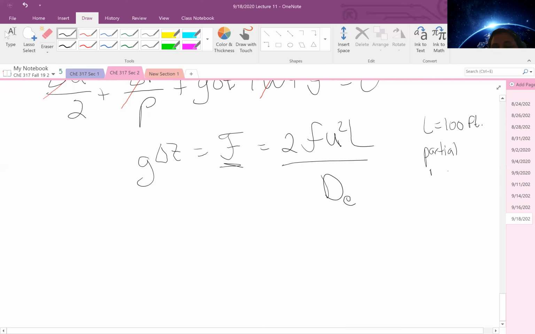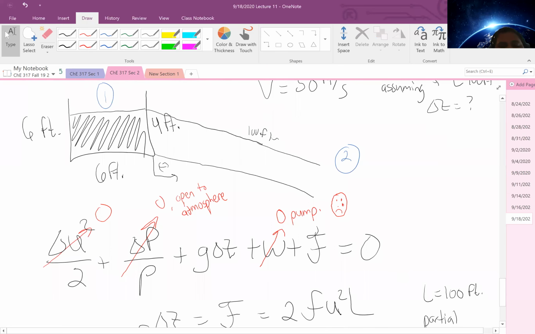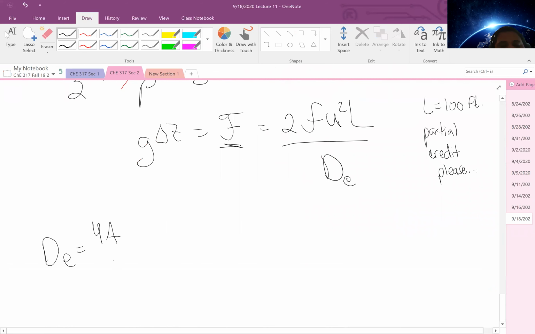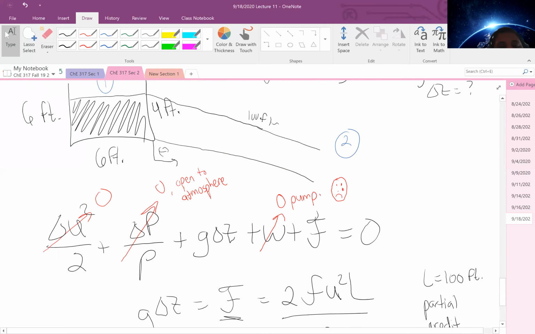credit, please. So we need to solve for our effective diameter, which for the system is going to be 4 times the area over the wetted perimeter, or 4 times 6 times 4 feet divided by the wetted perimeter, which would be 12 plus 8, or 20 feet.